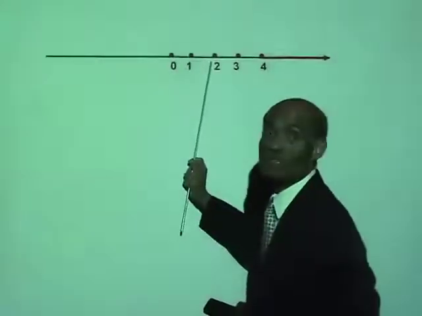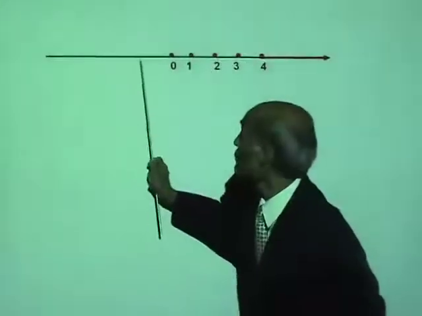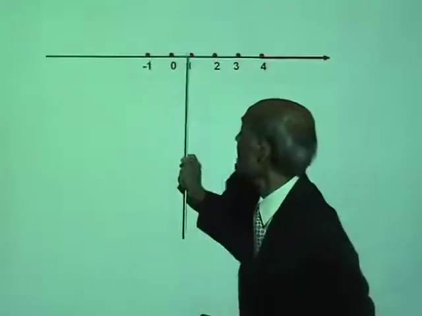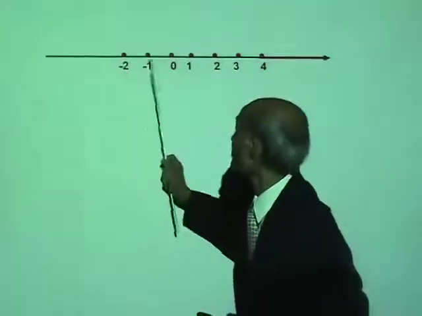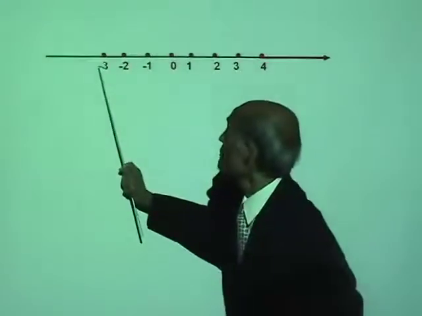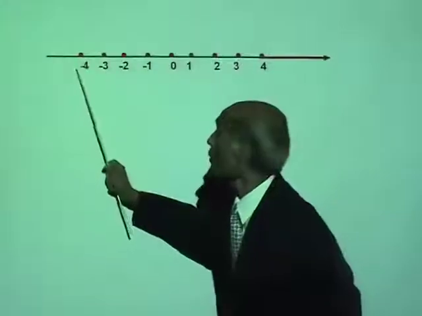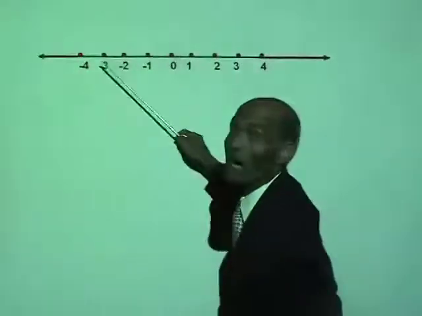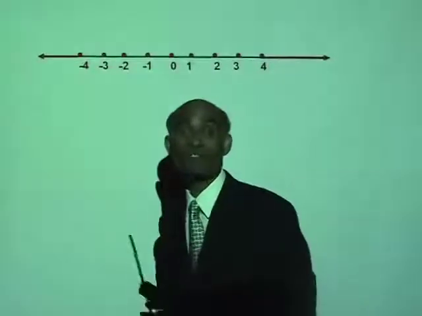And each of these integers has its opposite on the other side. -1 is the opposite of 1. -2 is the opposite of 2. -3 is the opposite of 3. -4 is the opposite of 4. And so on.